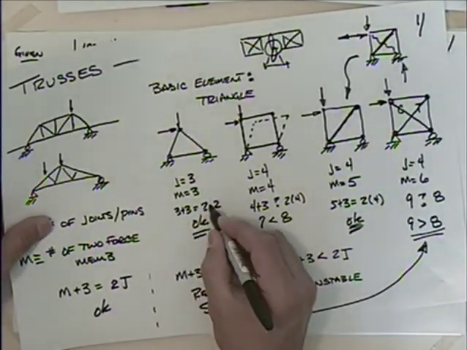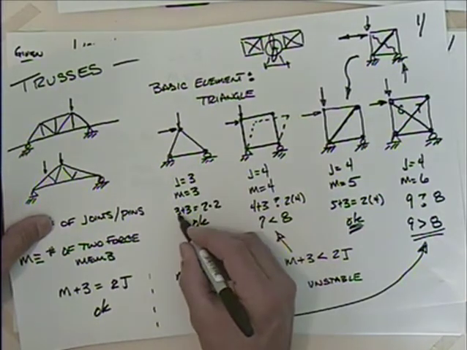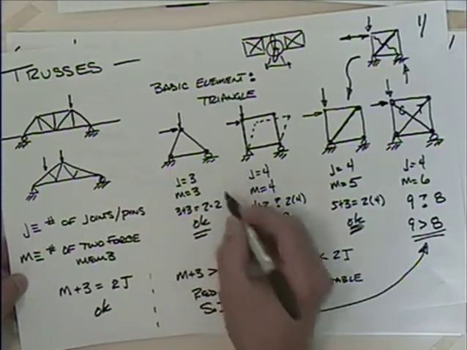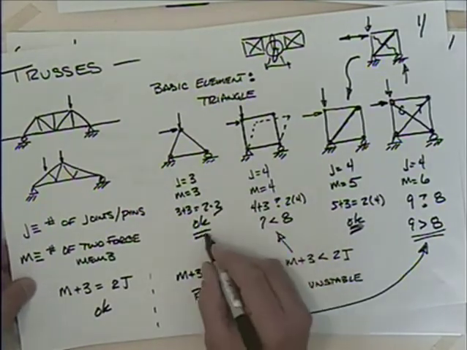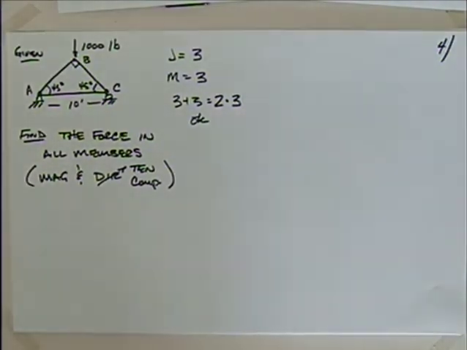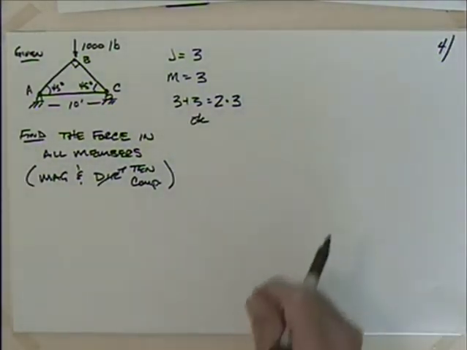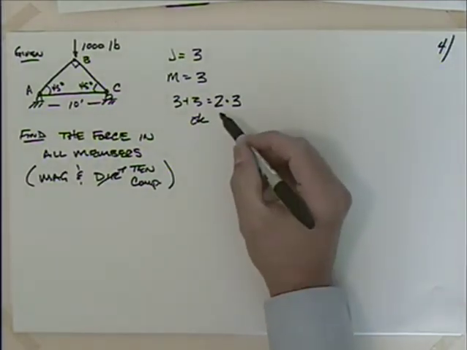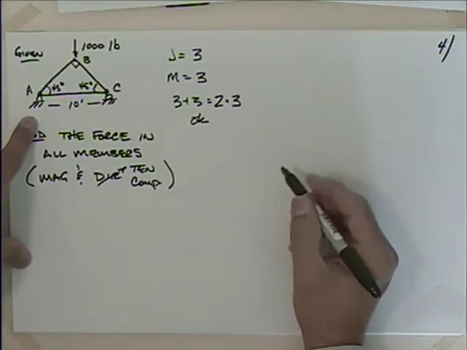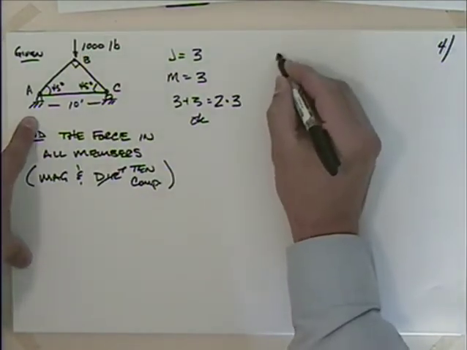I have the 2 times 2. That should be 2 times 3 because it's 2 times J, 2 times 3. There we go. And we're okay. Good. So back here, 2 times 3. So it's okay. We should be able to analyze this. So let's go ahead. I think what we're going to need to do is find our reactions first.